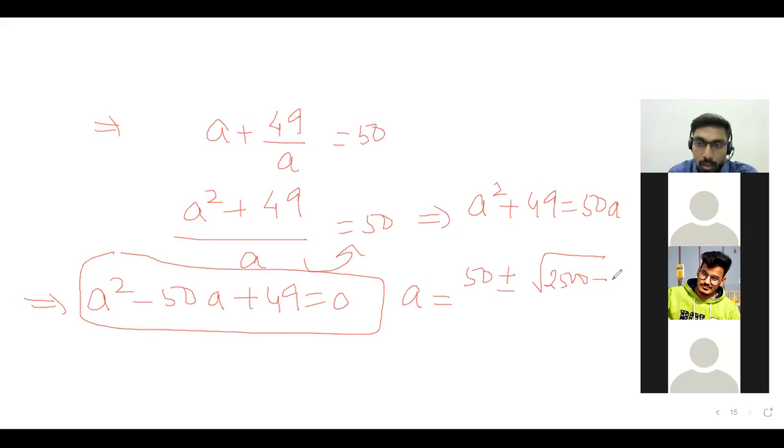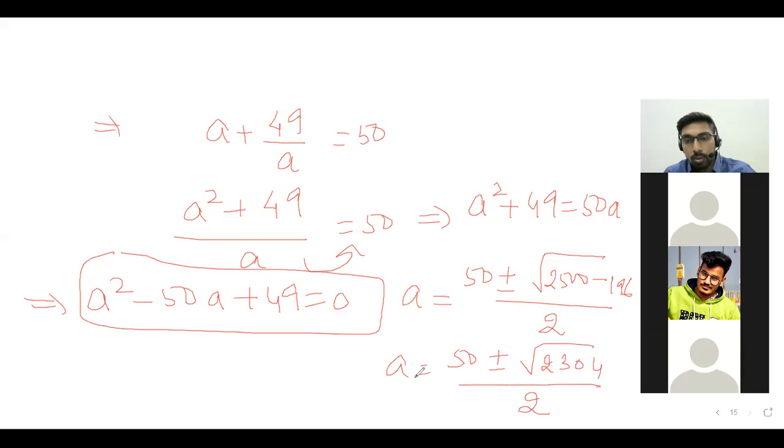Four AC, that means 196 divided by, yes, 2. So A equals 50 plus minus square root of 2304 divided by 2.